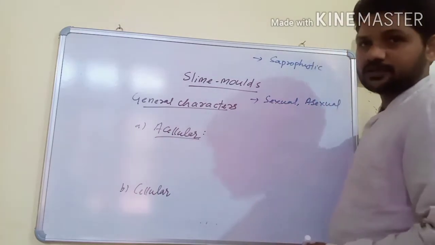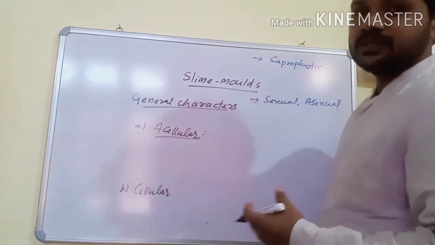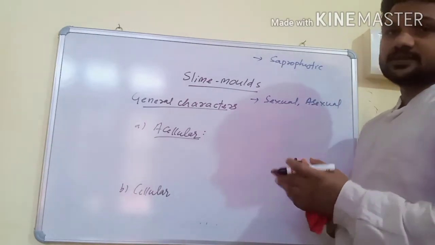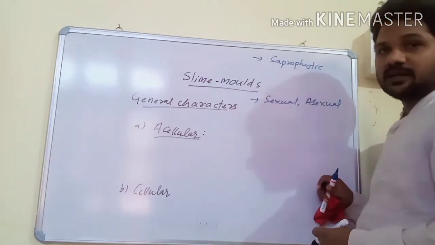In acellular slime molds, the unicells aggregate and there is no proper organization of cells, which is why they are called acellular slime molds.